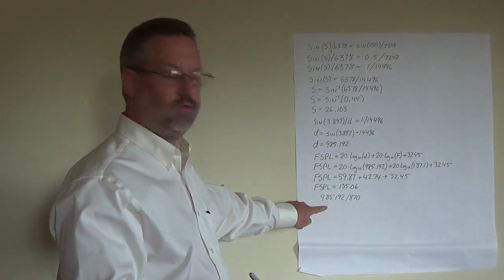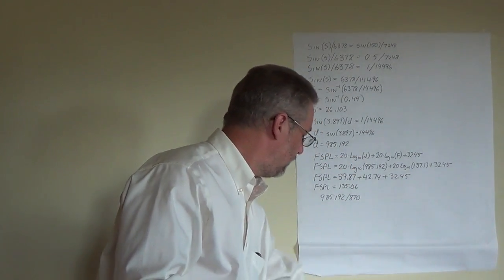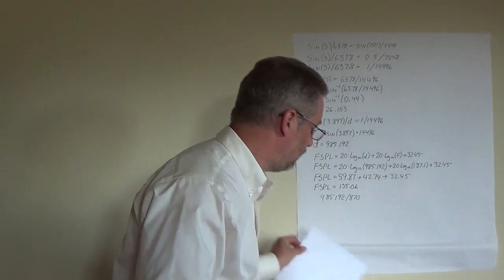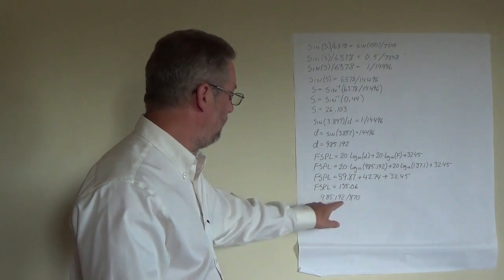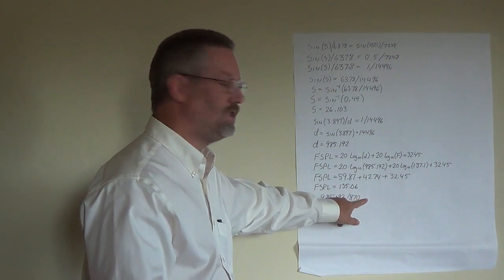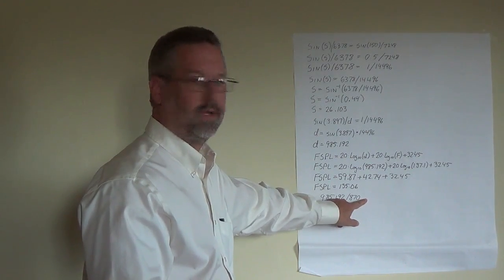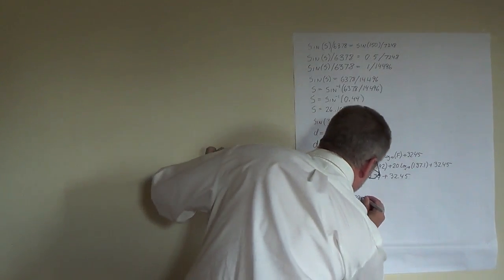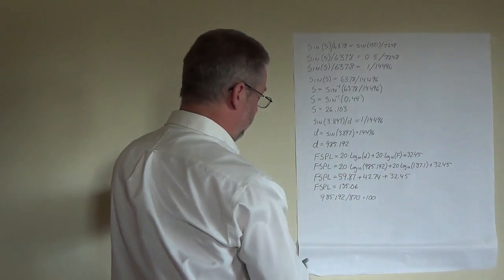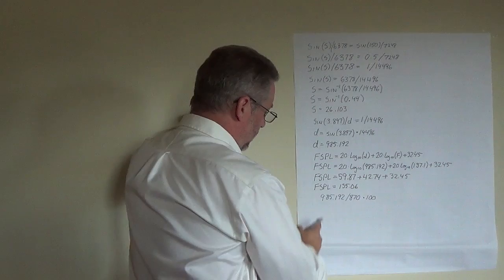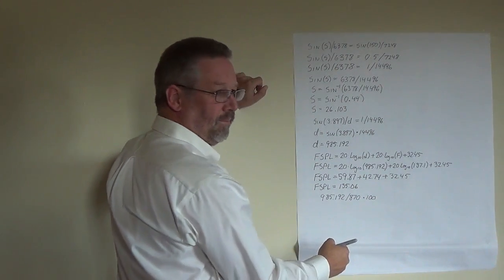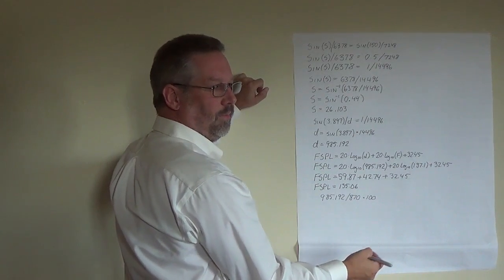Then once we have a solution here, what we need to do is multiply that by 100 to get the amount of the slant range that is below the Kármán line. So let's put times 100. Now, this is greater than that, so this is going to be 1 point something.